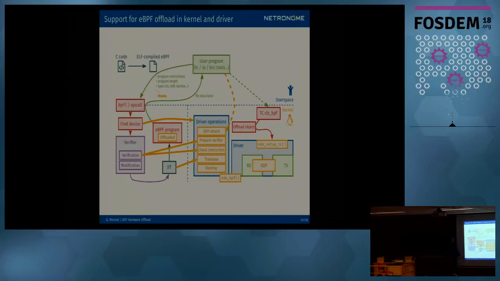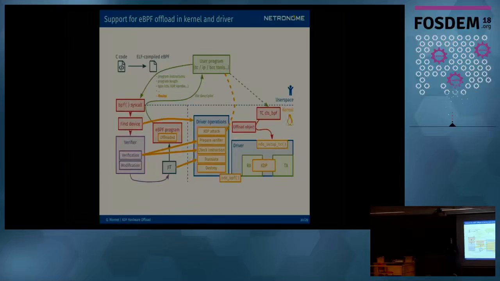And then each time the BPF NDO is called after that, we are able to call directly the callbacks from the driver to process our BPF bytecode. So for example, before starting the verifier itself, we will be able to call a function to prepare the verifying side from the driver. We have also checks made at the driver level to ensure that we can offload that program and we won't have security issues by offloading it.